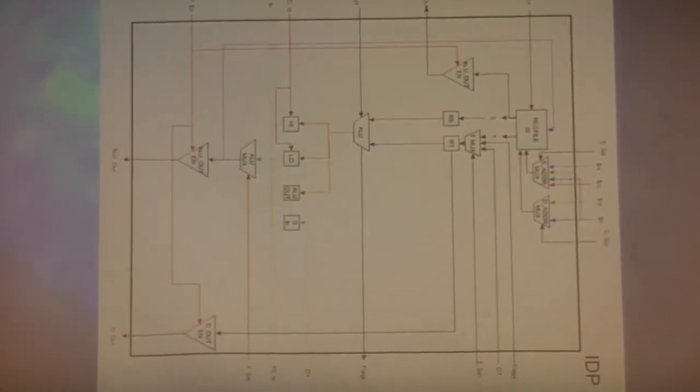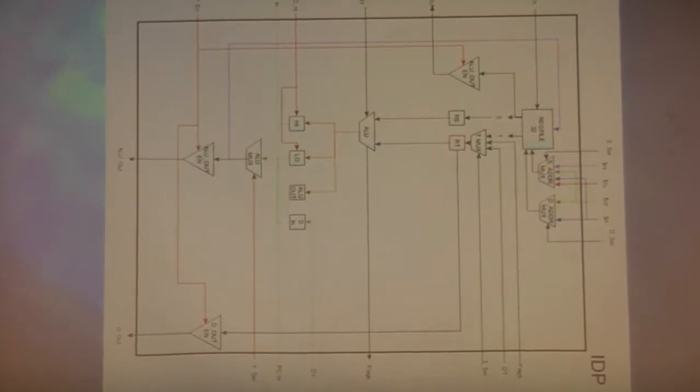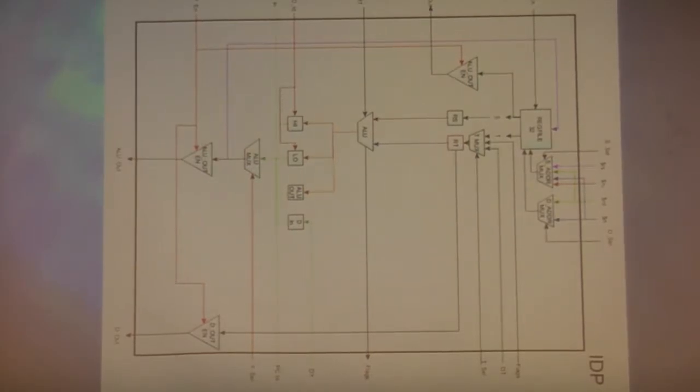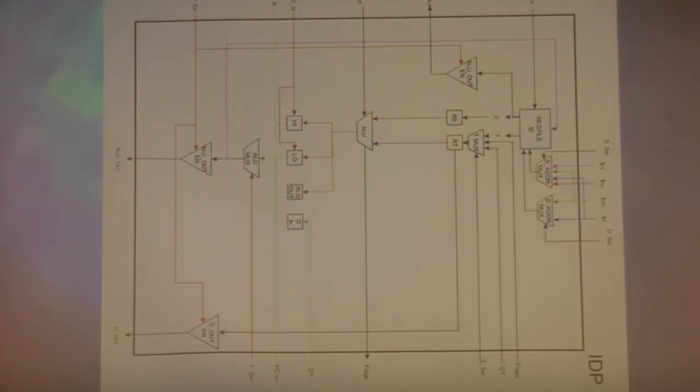All of those are tri-state, so that there is no bus contention between itself, the IDP, and the SIMD units. There's the new S output, and that goes directly to the S RIU. And the ALU out would go to the memory or the I/O address, and the T out would go to the data for memory and I/O.